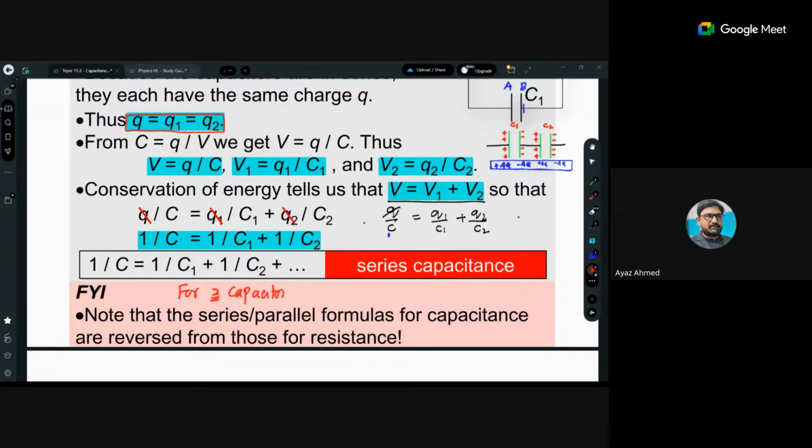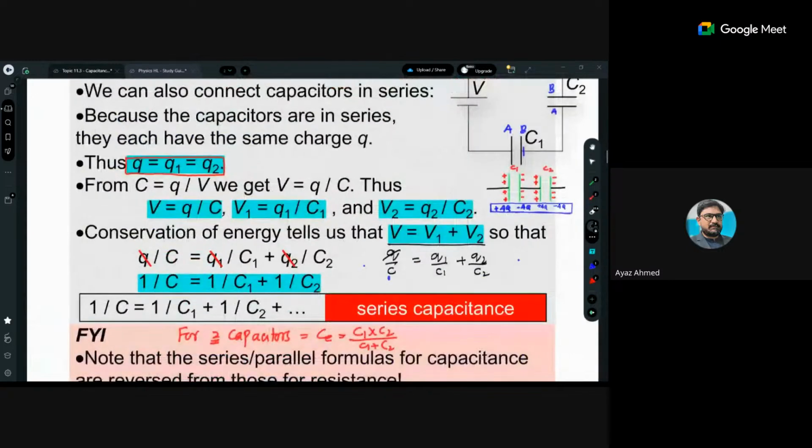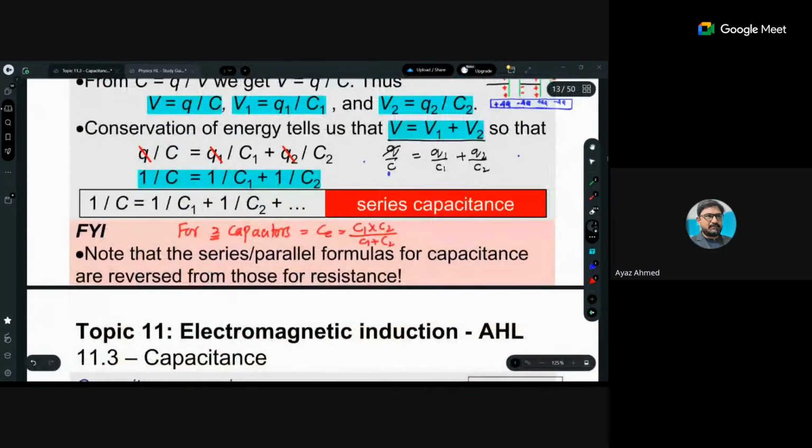That equation is C equivalent equals C1 into C2 divided by C1 plus C2. Is it clear? It is called the product over sum formula as we use in series. Let me just plug in one empty page over here.